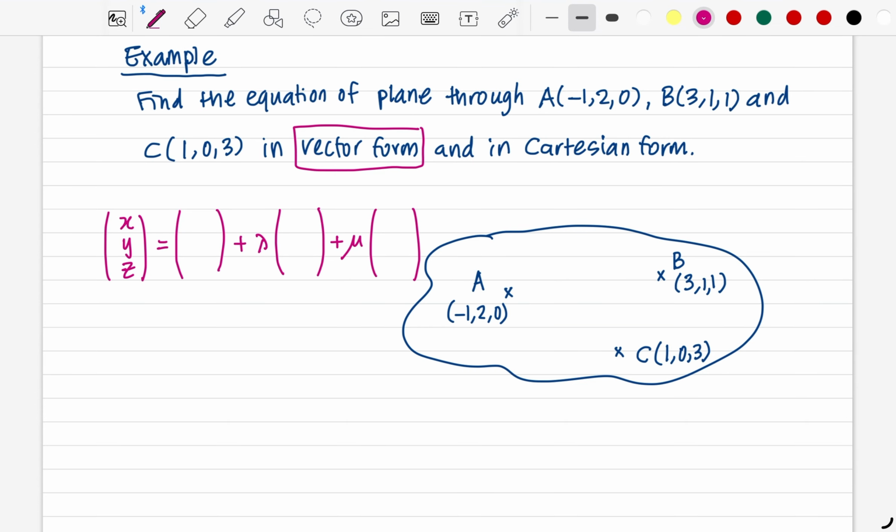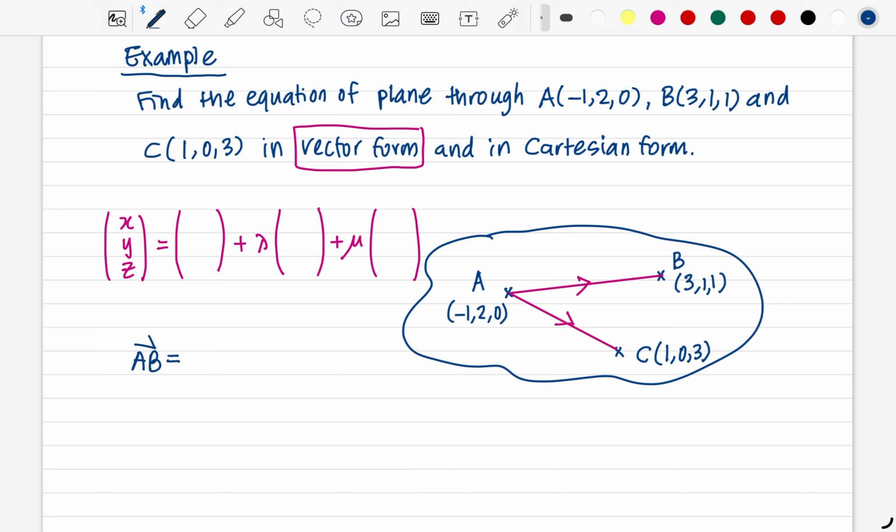If I choose to do AB, a vector from A to B, the direction vector from A to B, another is the direction vector from A to C. So we need to find each of the direction vectors first before we can write the equation of a plane.